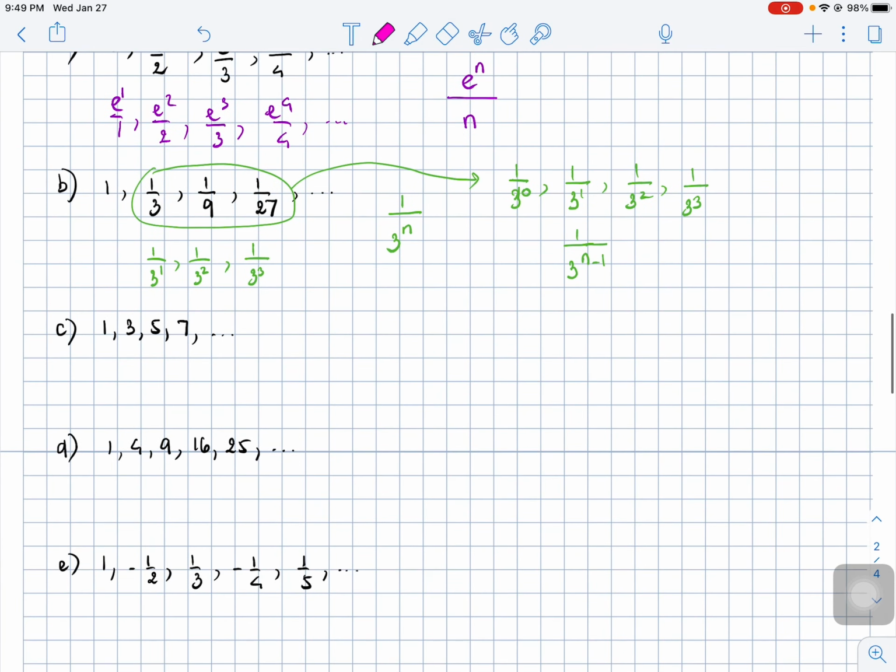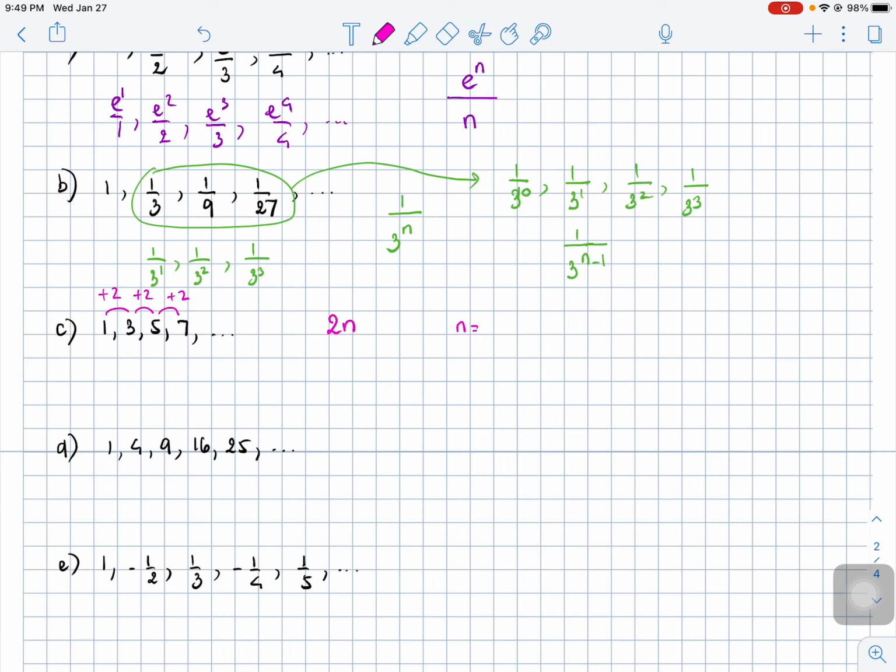Now problem C, we notice that we go from 1 to 3, from 3 to 5, from 5 to 7. We keep adding 2. So when we add the same number many times, that is multiplying that number by n. Now we plug in.